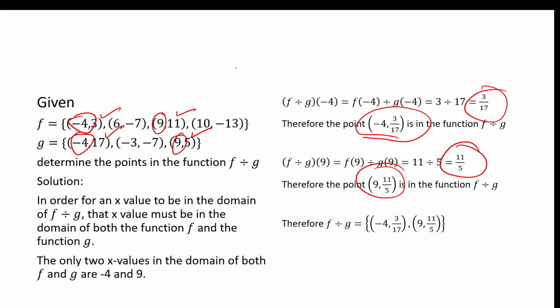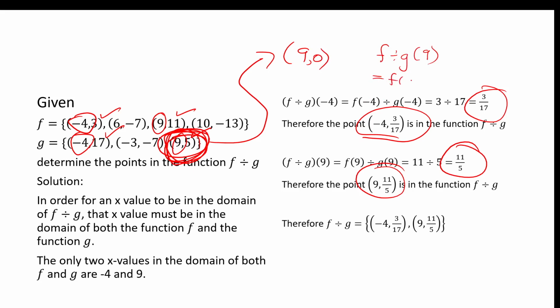The one difference about this over the other ones, let's just pretend for a second that instead of this point down here, the one I'm circling, instead of the point in g being 9, 5, suppose that point was 9, 0. When we then went to say f divided by g of 9, we would be saying f of 9 divided by g of 9, which would equal 11 divided by 0, which would not exist.